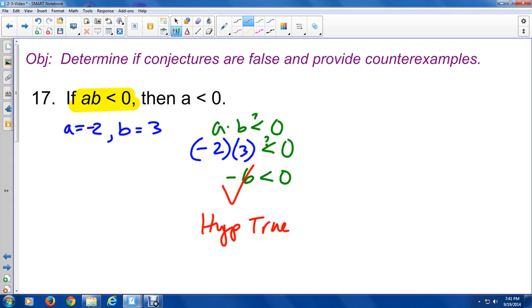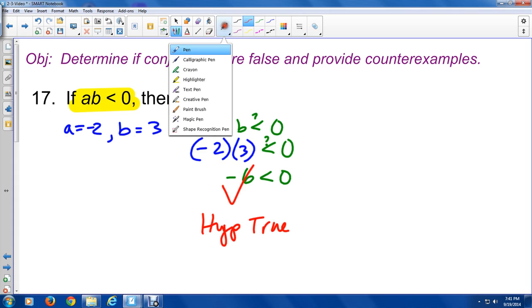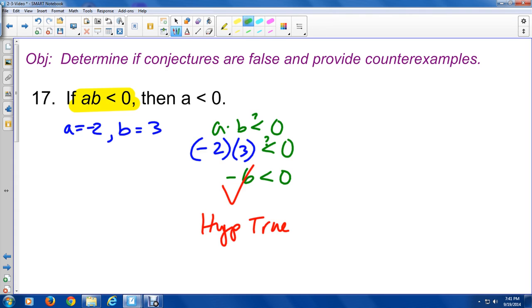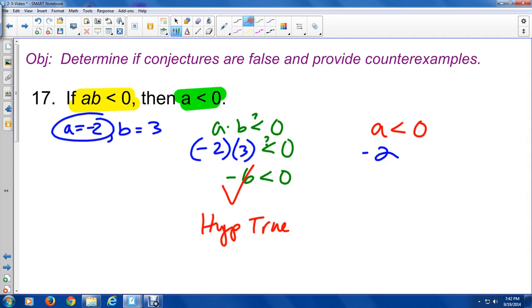Hypothesis true. Does the conclusion follow? Conclusion in this case is A is less than 0. So let's go back to my numbers, and I need to show somehow that A is less than 0. My A was negative 2. So negative 2 is less than 0. And in fact, negative 2 is less than 0.